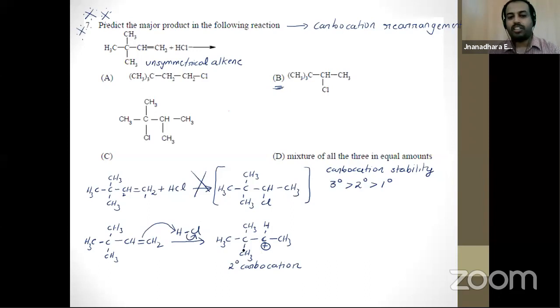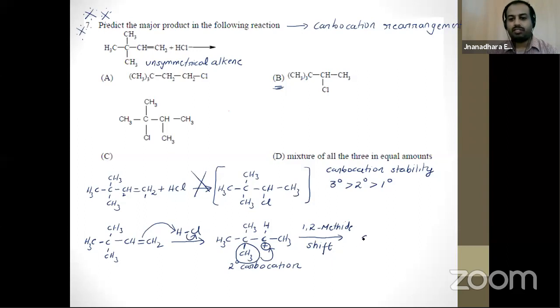That opportunity arises by one of the adjacent methyl groups shifting along with its shared electron pair. It doesn't come out as CH3 plus, it comes out as CH3 minus. Hence, you call this a 1,2 methyl shift, because it's coming out as an anion.